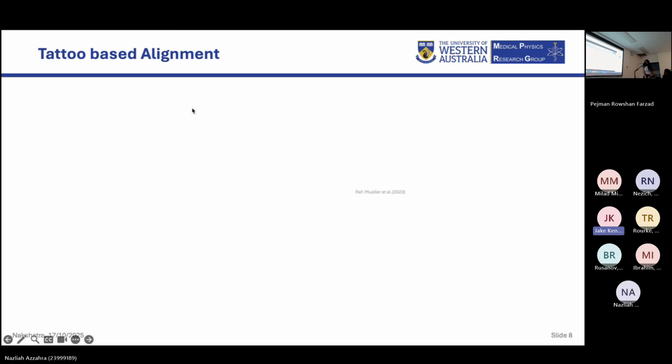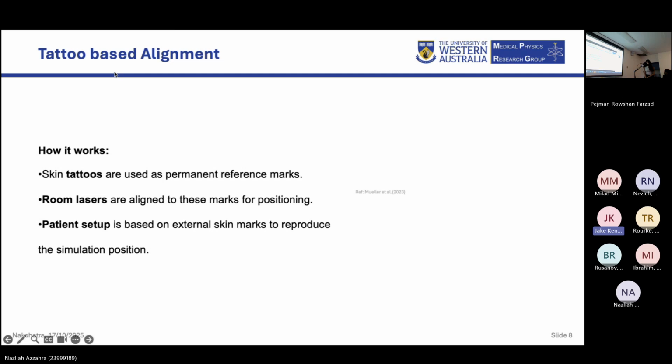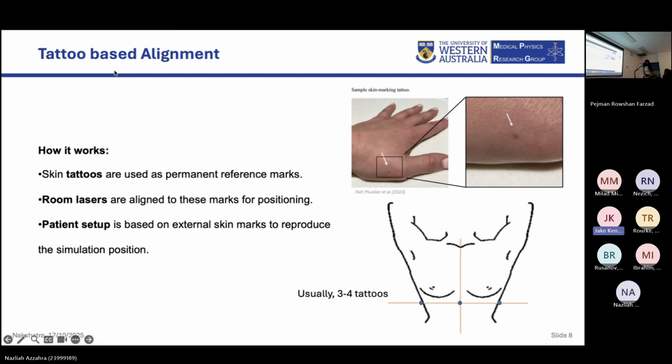Traditionally, patient positioning for breast cancer radiotherapy has been done using tattoos. These act as fixed points that room lasers are aligned to, and then the patient is set up based on that.